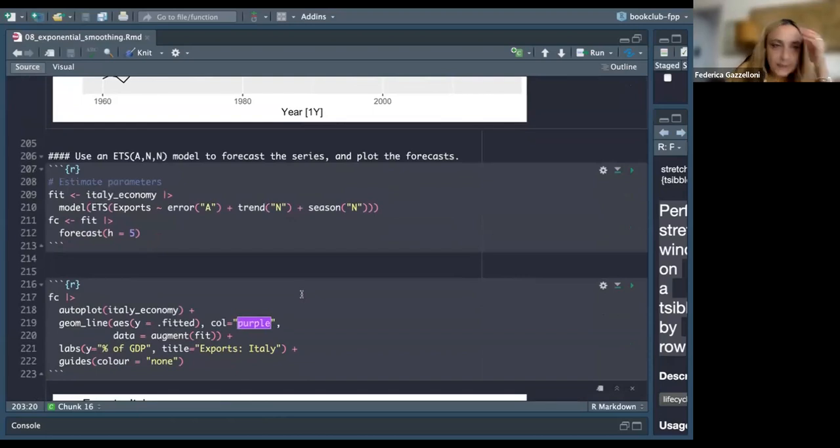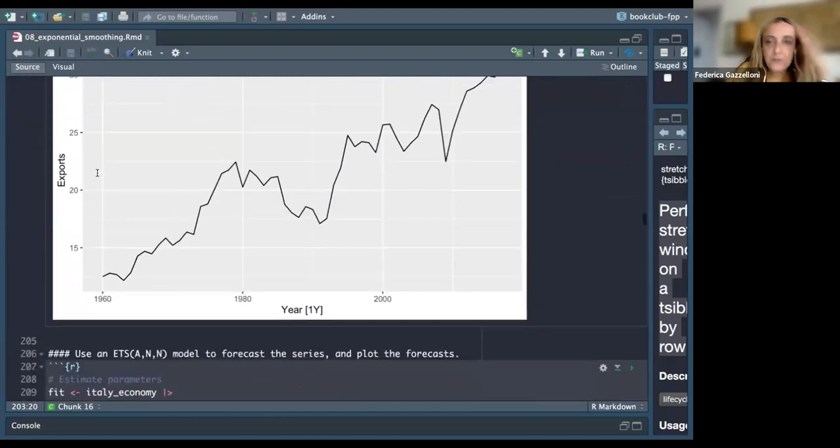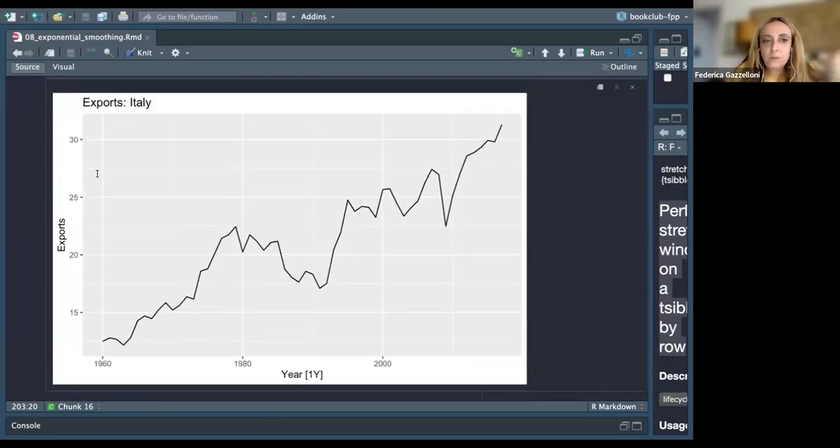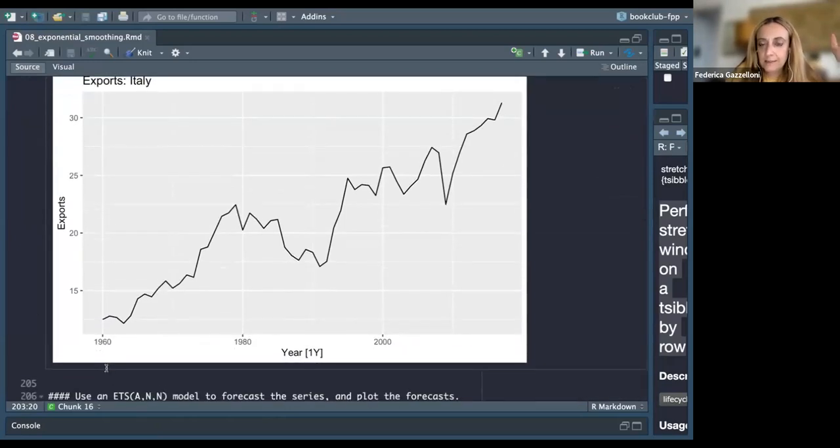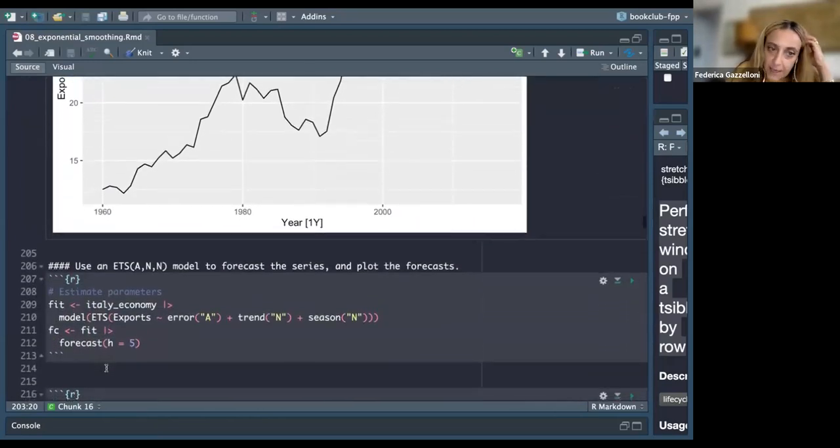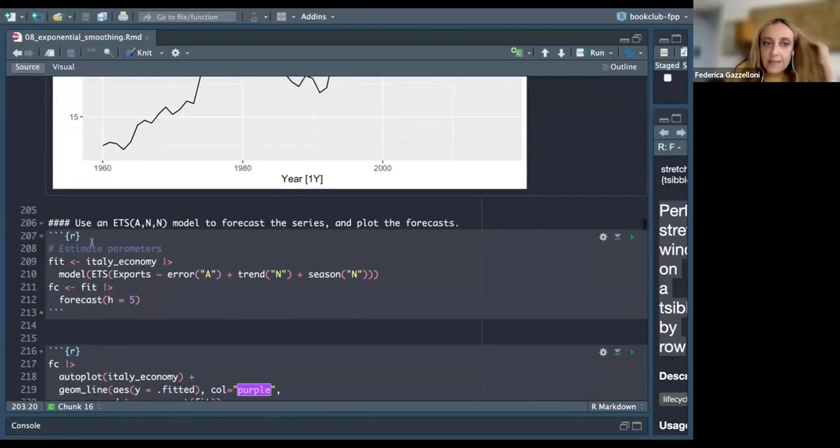Okay, so this is the first, just visualization to see what's happened in Italy with the amount of exports from the 1960 up to the 2017. Now the exercise has to use the exponential smoothing, the simple exponential smoothing.